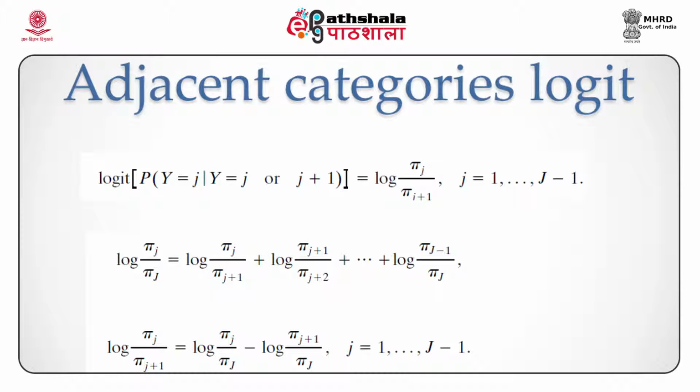For further details on the adjacent categories logit and also another rival category model, which is called the logit model applied to the continuation ratio, and to see the situations in which these models could be preferred to the proportional odds model, you are referred to the book by Agresti.